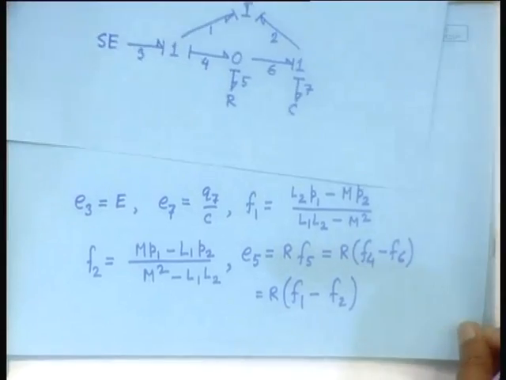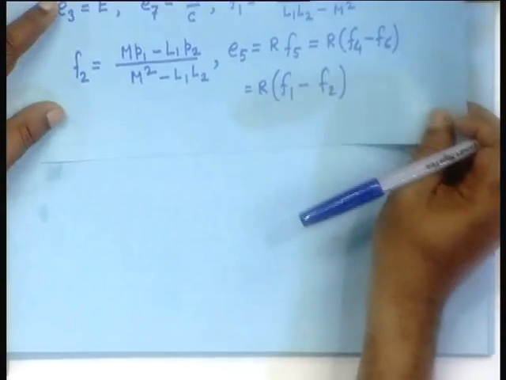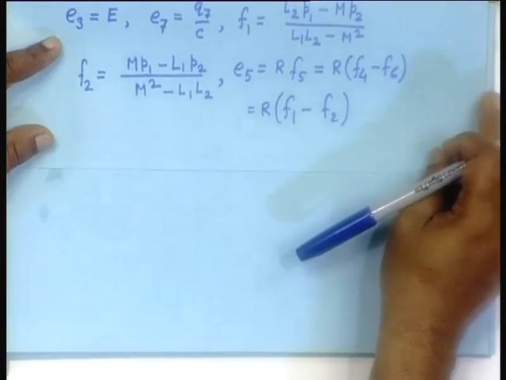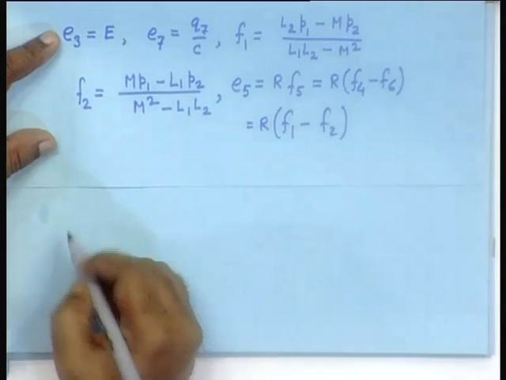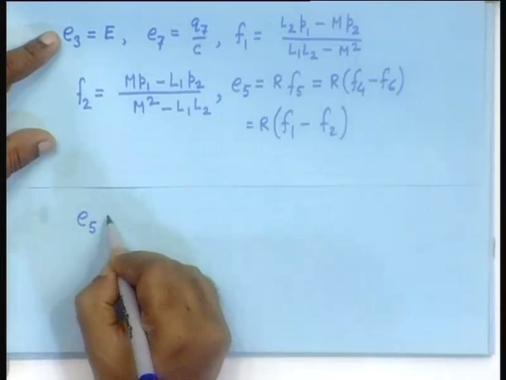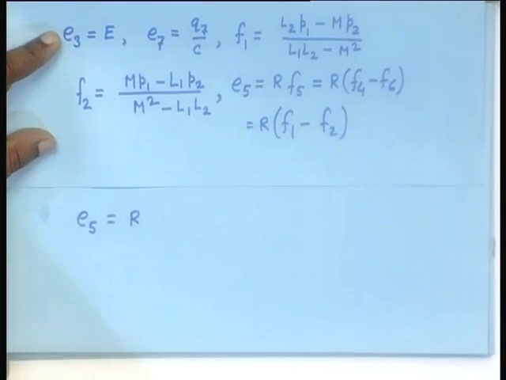I will just write in the next page. We will start from here. Our E5 then is R times F1 minus F2.